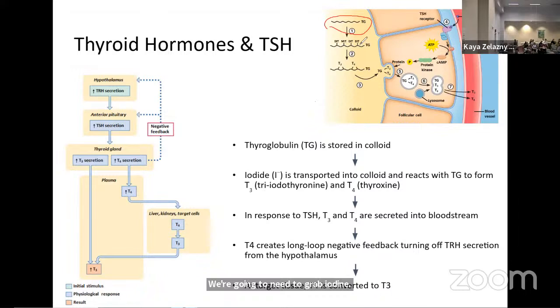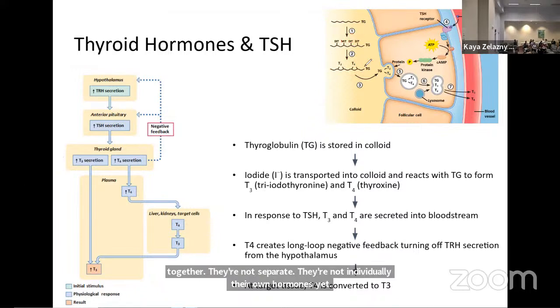We tack it onto that thyroglobulin in a bunch of places. These are where we're putting our iodine pieces onto the thyroglobulin. That ultimately sets up the molecule to give us both T3 and T4. So for both of our thyroid hormones, we've set up the initial parts of their structure here in the colloid, but they're still connected together. They're not individually their own hormones yet. That's what we do in the colloid.